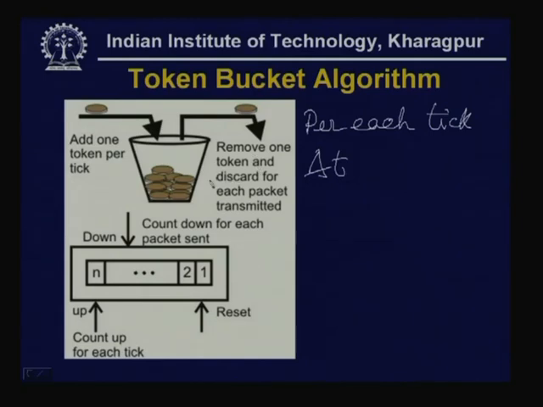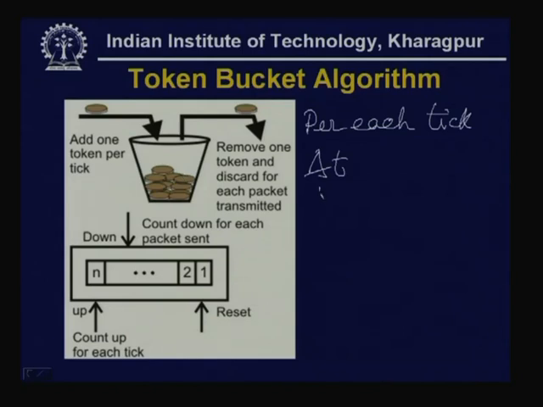On the other hand, after all the tokens are exhausted, it will introduce the packets at the rate of 1 token per tick. That means it will become the same as the leaky bucket algorithm.